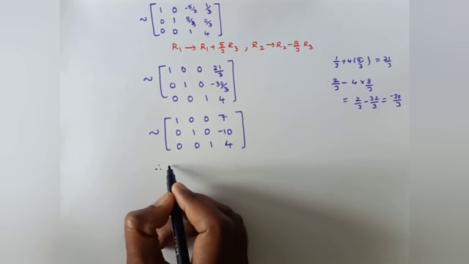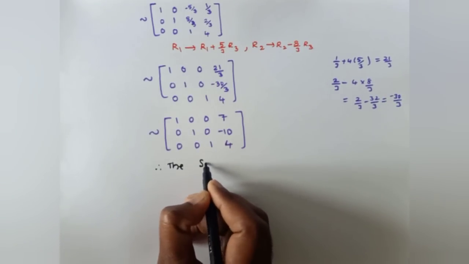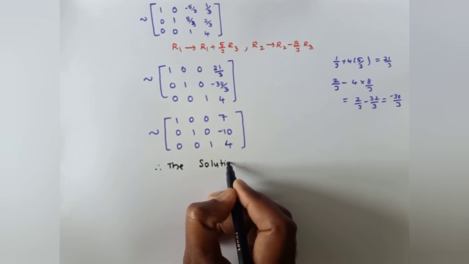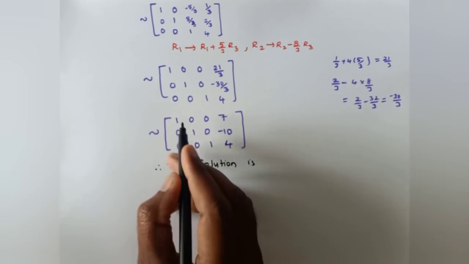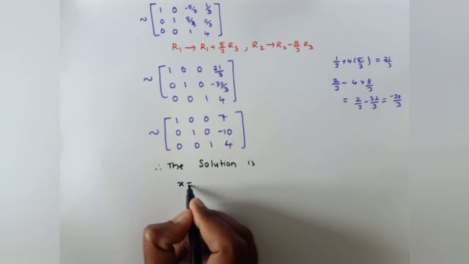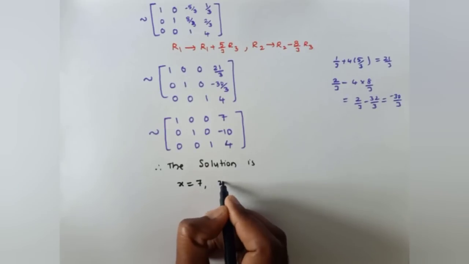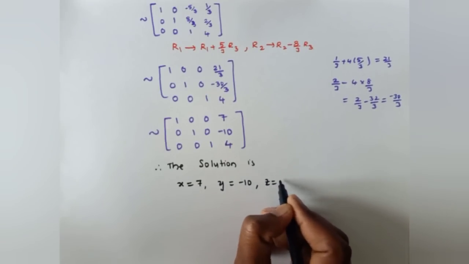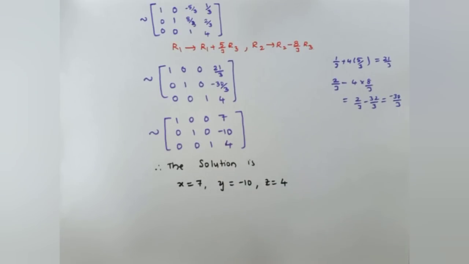Therefore the solution set can be expressed as x is 7, y is minus 10 and z is equal to 4. So this is the solution for the given system by using the Gauss-Jordan method.